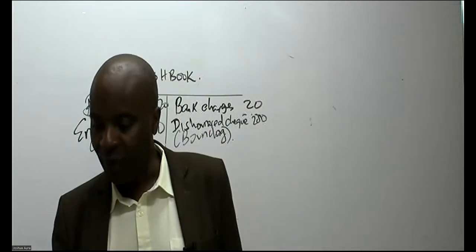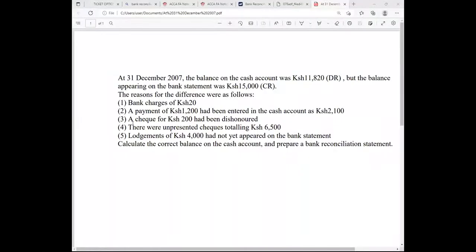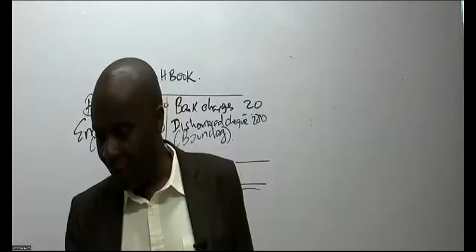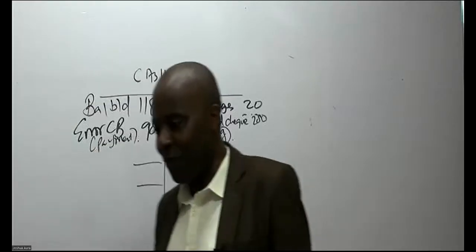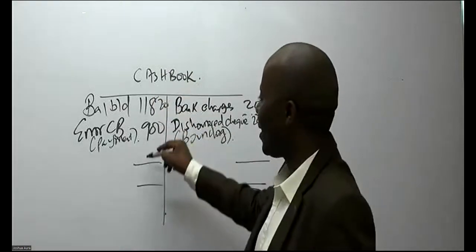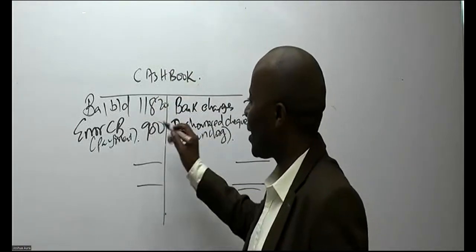Great. Now, from there, ladies and gentlemen, we are moving. Now the next thing is that 4 and 5 are going to the bank statement. Could you kindly give me the balance carried down in the cash book? Which side is heavier? Must be this side. So you take 11,820 plus 900.